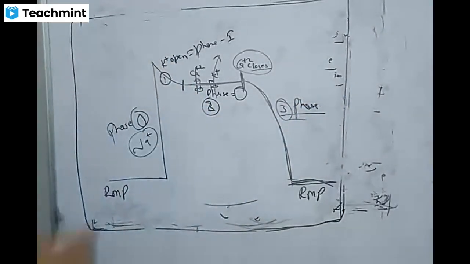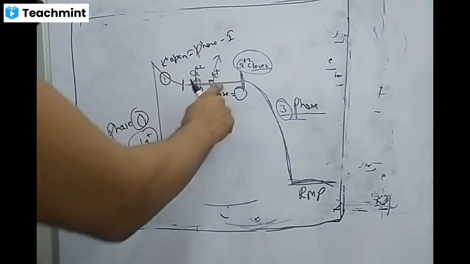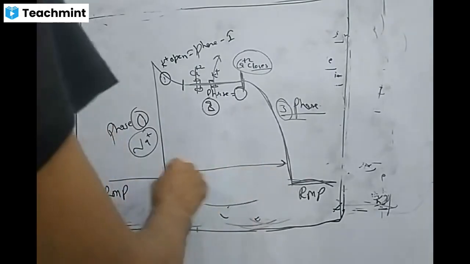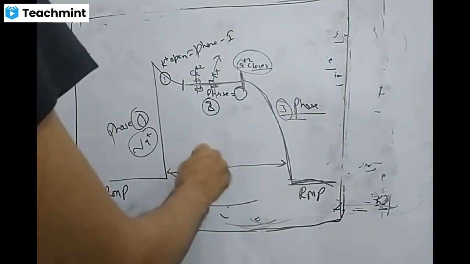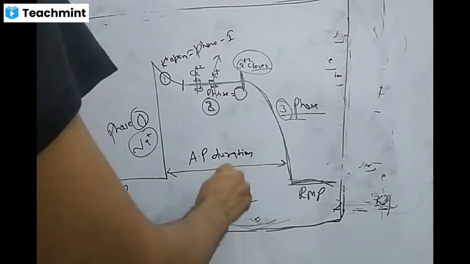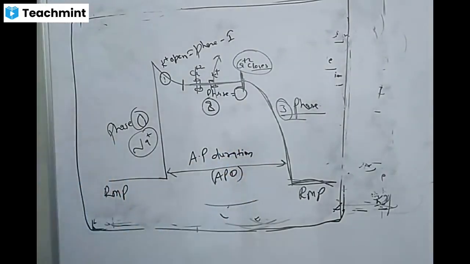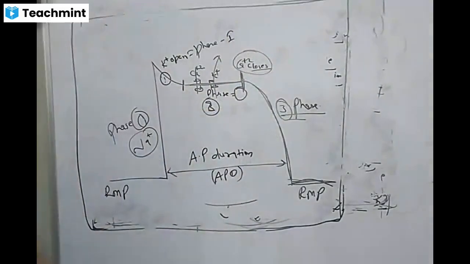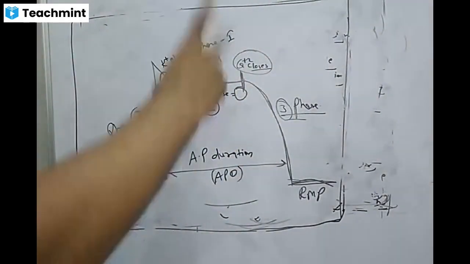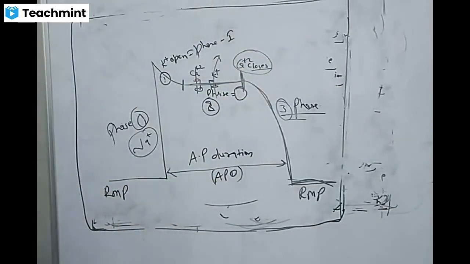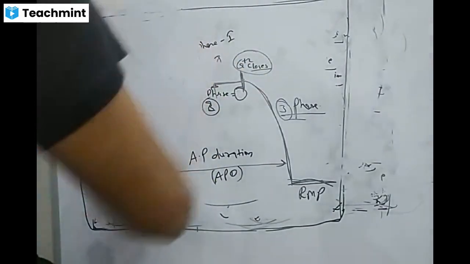So there are phases 0, 1, 2, and 3. This duration from this point to this point is called your action potential duration, your APD. So this is known as the cardiac action potential. All the drugs, class 1, 2, 3, 4, will affect this action potential.